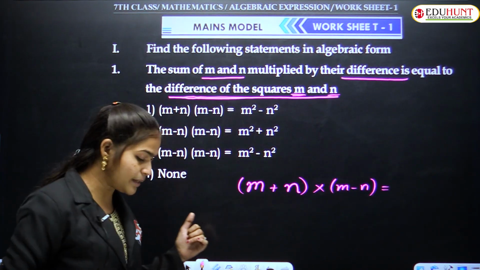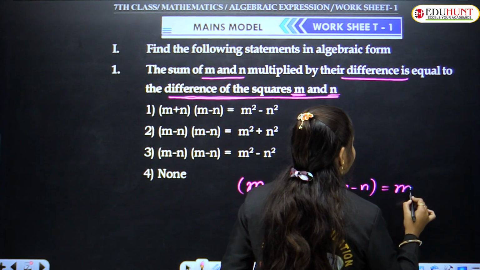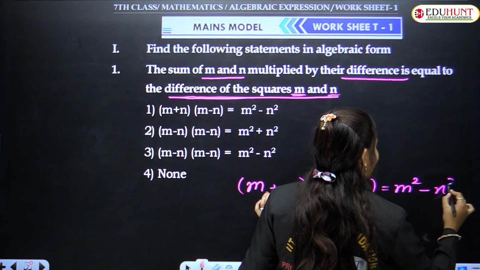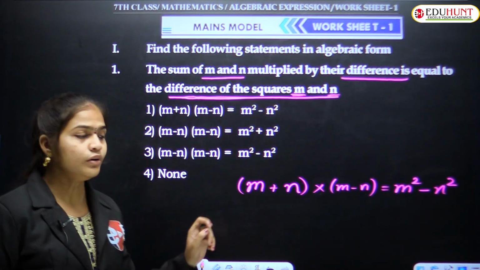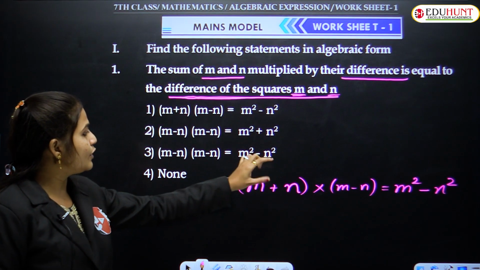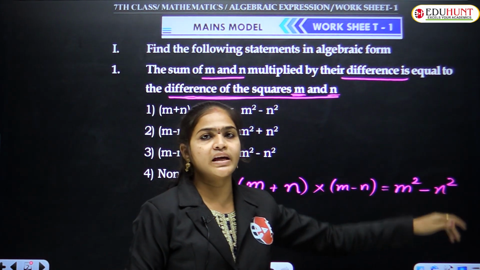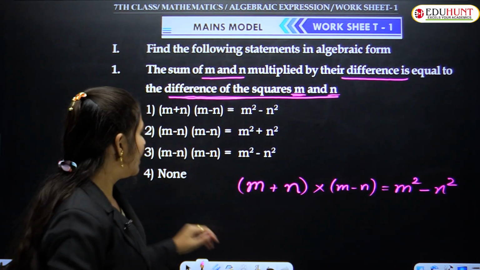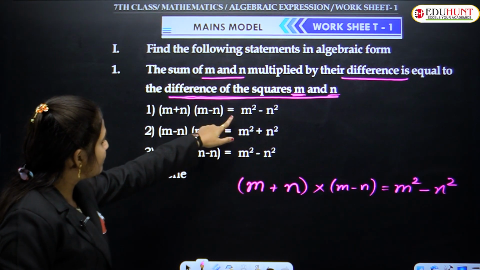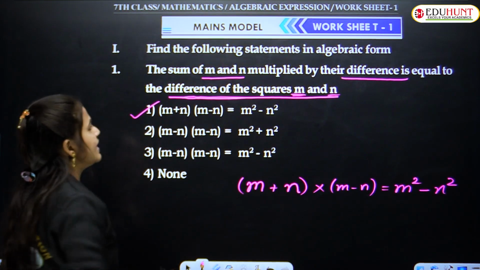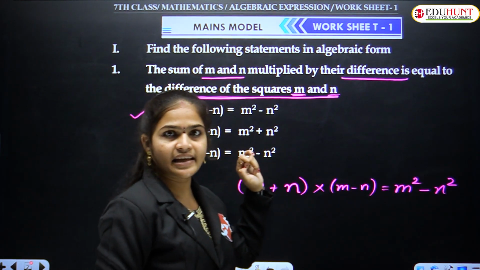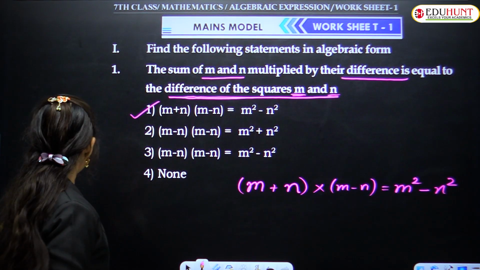Squares of m and n means square of m, and the difference means minus the square of n, which is m square minus n square. Am I clear? So m plus n into m minus n is equal to m square minus n square. As per this, which option is correct? Option 1 is correct.